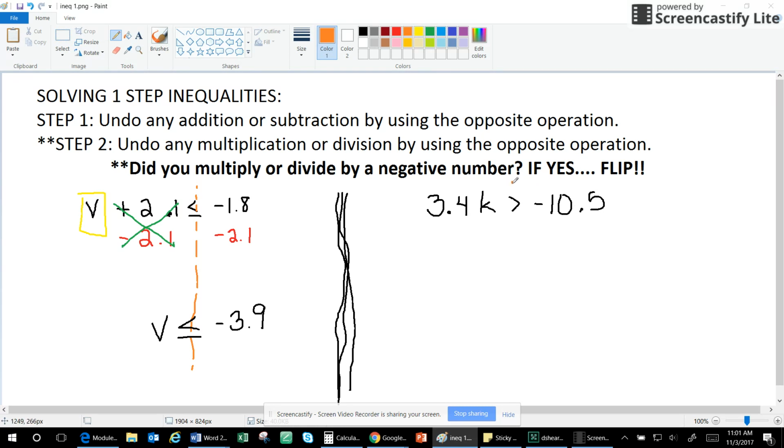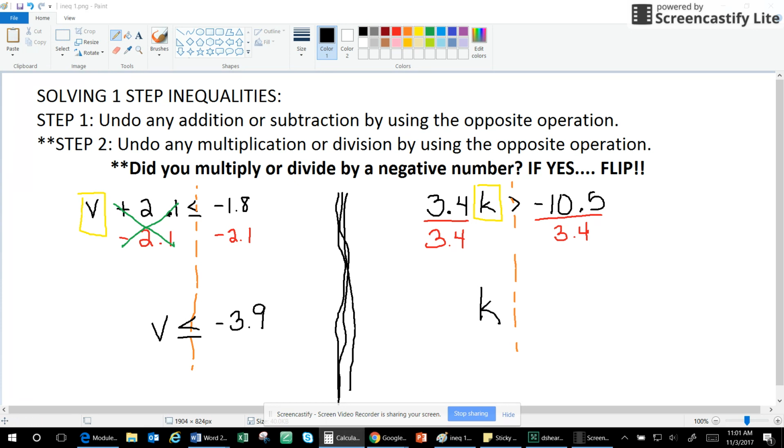Same thing. I'm going to set it up the way I always do with my dotted line, my box protecting the variable, and I see that I have 3.4 being multiplied to k. So what do I do? I undo multiplication with division. So I'm going to divide both sides by 3.4. And I'm going to wind up with k on the left side.